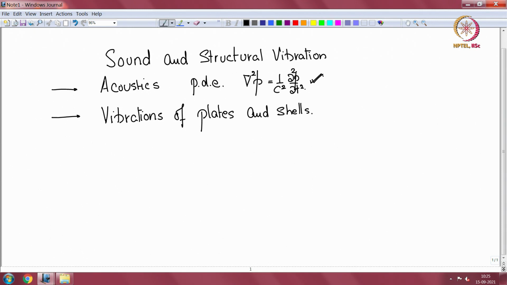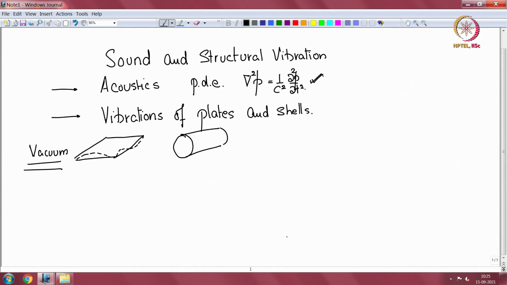So, there are plates, flat structures of various geometries that vibrate up and down, and they are placed in vacuum. That is the idea. So, their equations governing their motion are derived and studied. You could have plates, you can have shell type structures that vibrate.